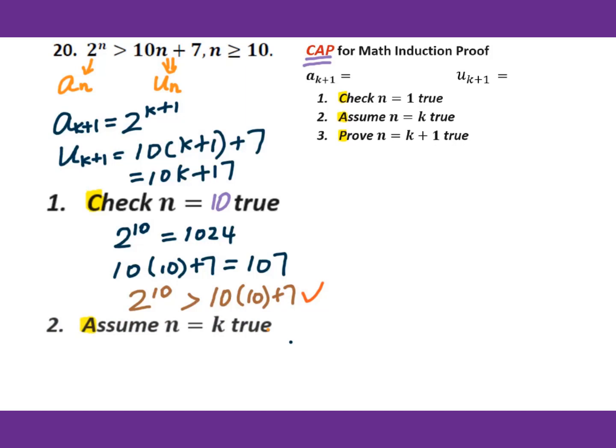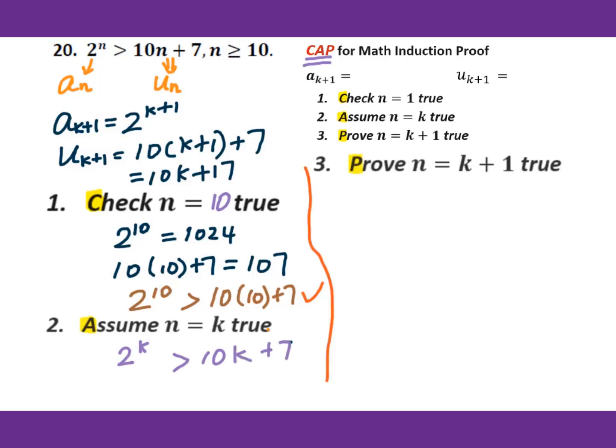Now we assume n equals k is true, which means 2 to the k's power is greater than 10k plus 7. Now we want to prove n equals k plus 1 is true. We know a sub k plus 1 on the left side is 2 to the k plus 1's power.